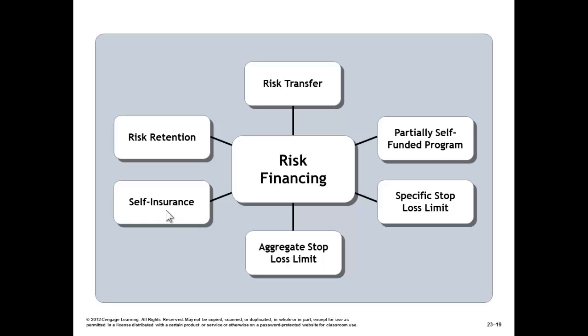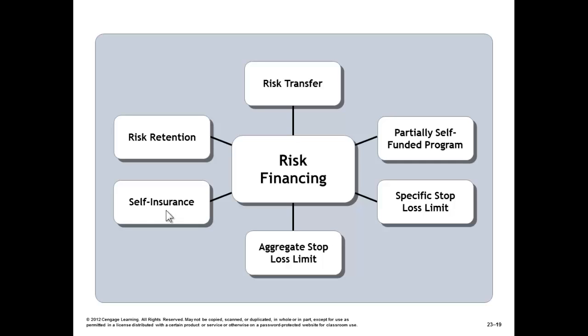Risk transfer means that I've recognized I have a risk, I put a value to it, I'm going to transfer it to somebody else, and this somebody else could be an insurance company. A partially self-funded program is like self-insurance, but I'm paying a portion of it. And then on stop-loss limit, I just simply say, hey, once I get to this loss right here, I'm just going to stop at that point right there.